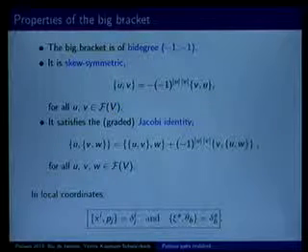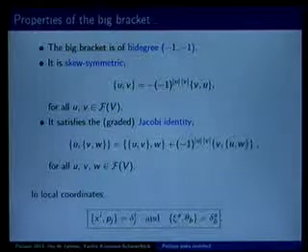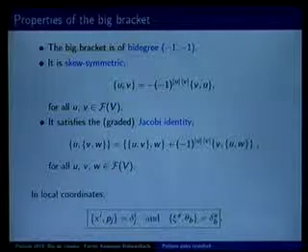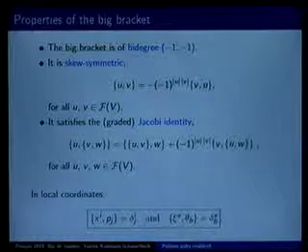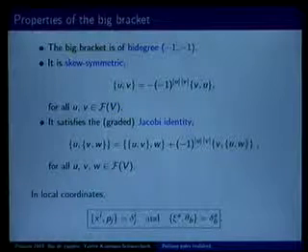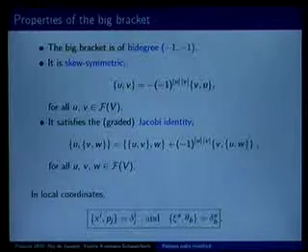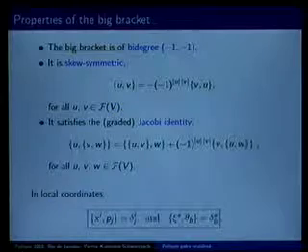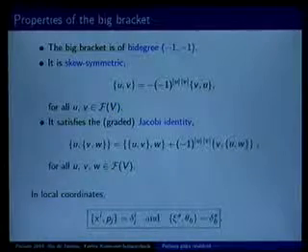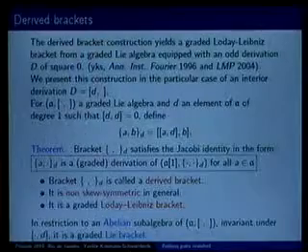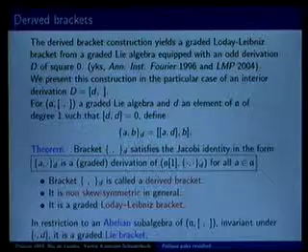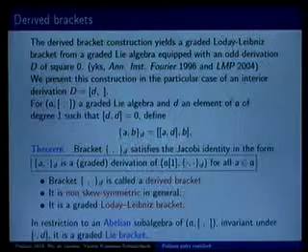Its bidegree is (-1,-1), it is skew-symmetric in the graded sense, and it satisfies the graded Jacobi identity. And in local coordinates, what does it look like? Well, if you take a coordinate and its momentum, the Poisson bracket is the Kronecker delta.